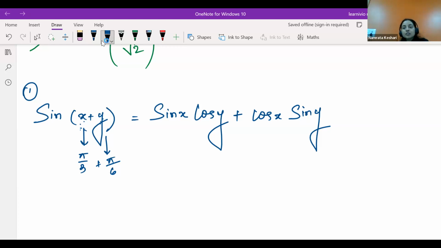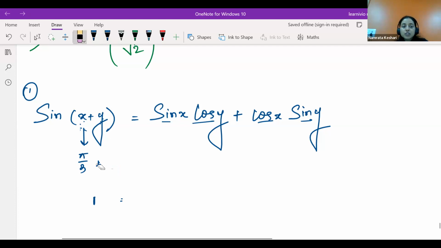Sine 90 is 1, right? Yes, ma'am. Sine 90 is 1. Here we are getting 1. There also, if you just use this formula and do the calculation on the right hand side, we will get 1. This can be the proof of the formula.